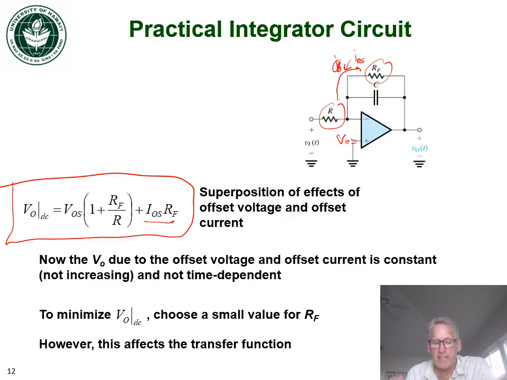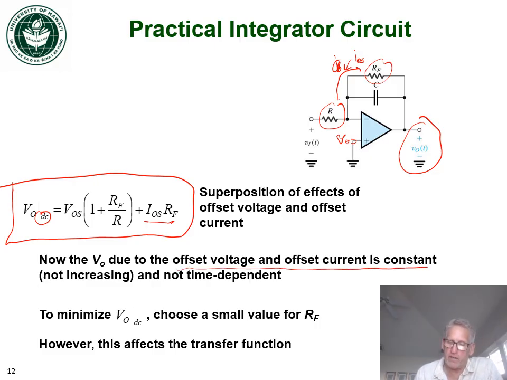And so we're going to see the effect in a DC sense, we're going to get a DC voltage, keep in mind a DC voltage at our output, V out DC, with this particular value. And so the offset voltage and offset current create a constant voltage at the output, and critically it's not time dependent. That is, it's not saturating our output.